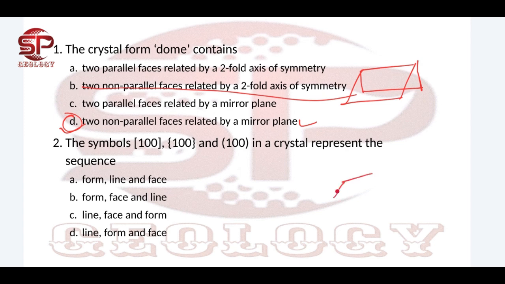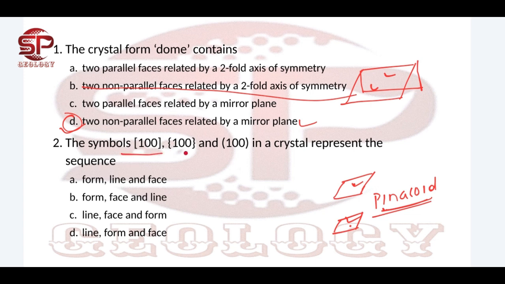If you have two parallel faces, they are called pinacoid. If you have two non-parallel faces, it is a dome or sphenoid. Dome is characterized by a mirror plane. Sphenoid is characterized by a two-fold axis.